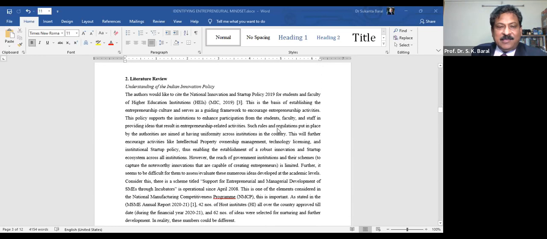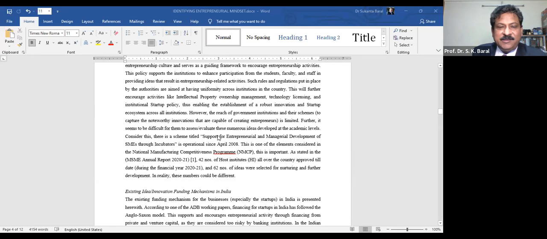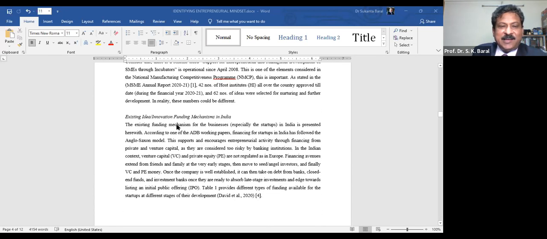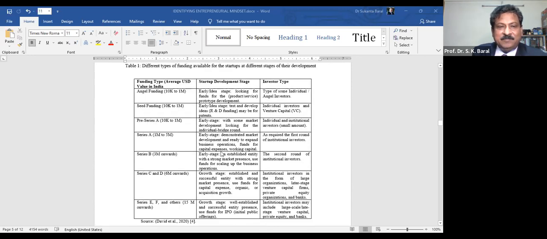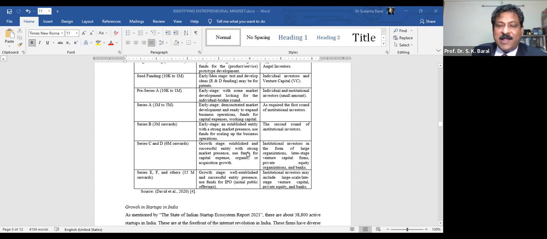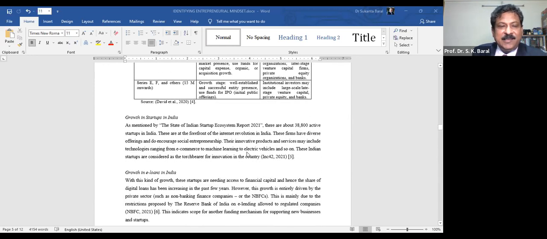And here I have taken literature review. I have divided the literature review into understanding Indian innovation policy and existing idea innovation, and funding mechanism in India. With this, I have made some tables on my own, by studying all those things, and I have referred to the source also, I have given it.